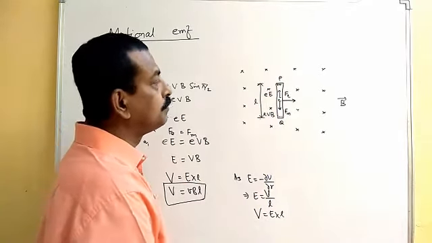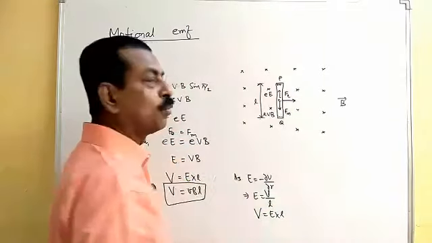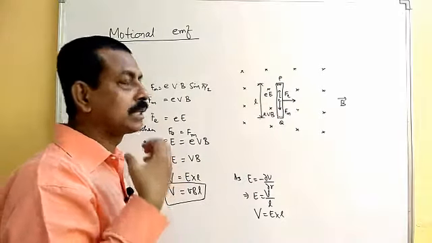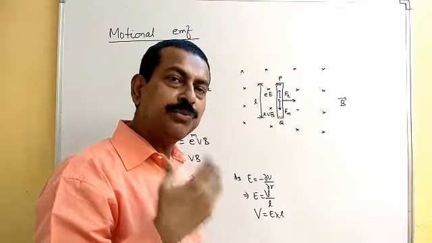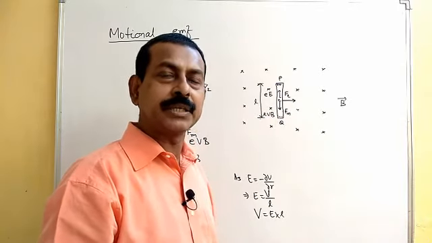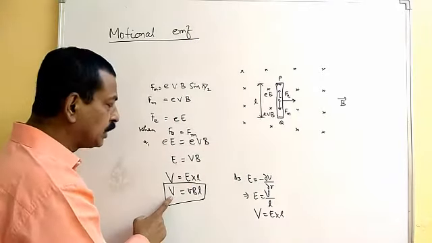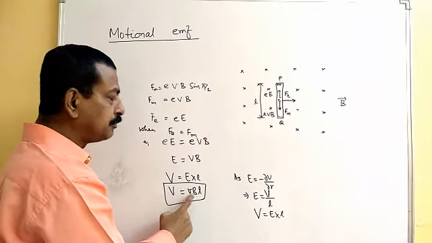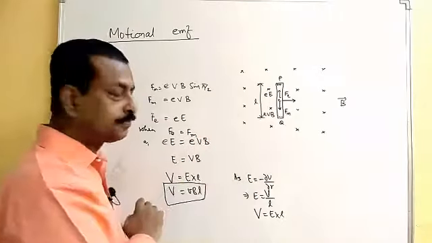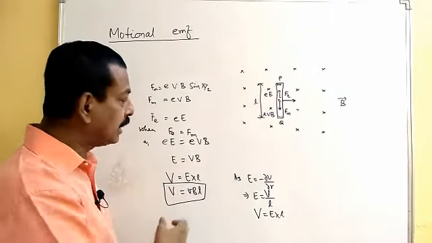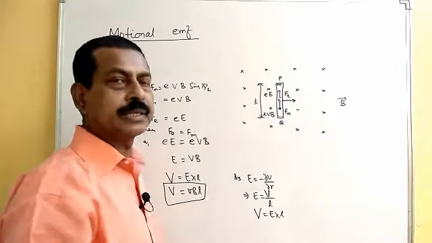Because it is not a closed circuit, if you connect it with a conducting wire so that there is a closed circuit, then there is a flow of charge, so there will be a flow of electric current in the circuit. This value of potential difference we can show is V equals to v B L, where v is the velocity with which this conductor is moving, B is the magnetic field, and L is the length of this conductor.